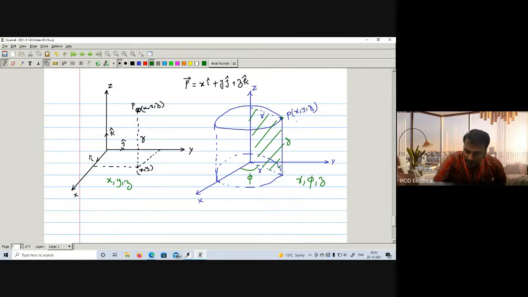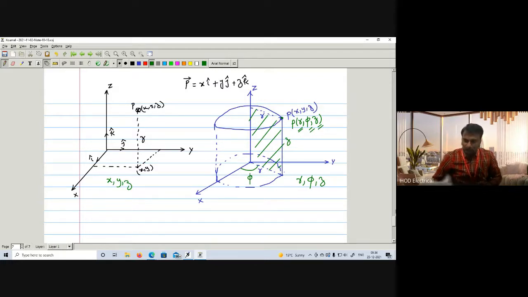In order to represent this point in terms of r comma phi comma z, we have to understand what the radius of the cylinder is, then the height of the point from this xy plane, that is z, then the radius r, then how much angle of inclination from this x-axis, that will be phi. So we can see how one can convert Cartesian coordinate system into cylindrical coordinate system.